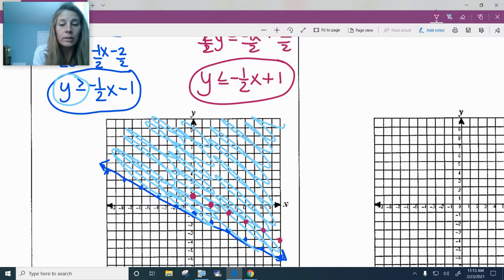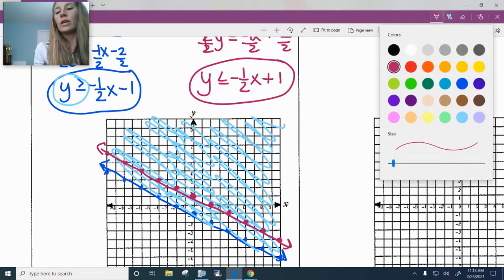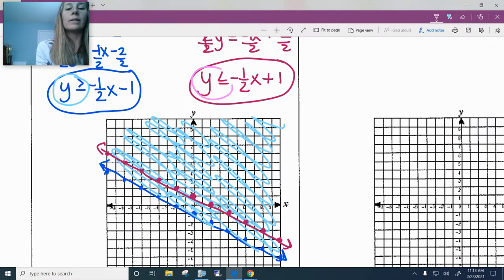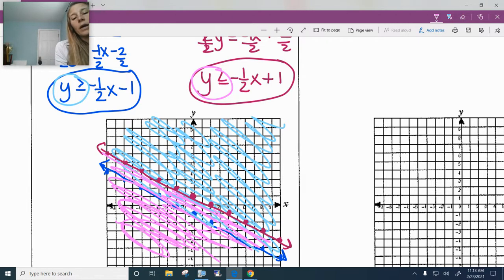And you might notice that these two lines are parallel, which isn't that surprising considering they had the same exact slope. Now here again, we're going to do a solid line because of that equal to underneath. Now when we go to shade here, y is less than, so we're actually going to go below that line when we shade. So notice the overlapping section is this skinny little sliver in between those two parallel lines.